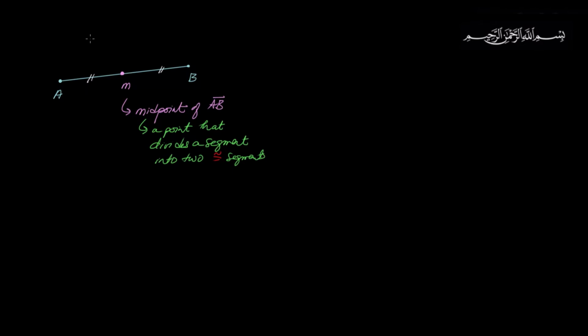So we can say here AM is congruent to MB. The way you would read this is segment AM is congruent to segment MB. The reason we know that is because M is the midpoint of segment AB. So a midpoint is a point that divides the segment into two congruent segments.